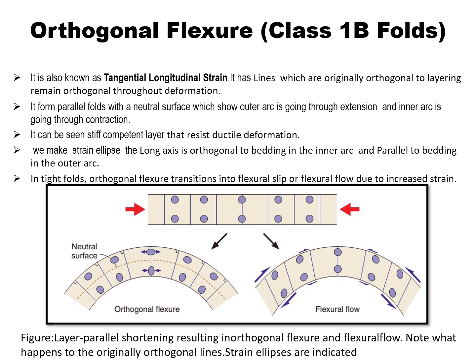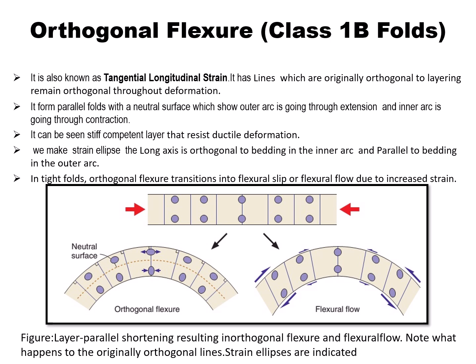It can be seen in a stiff competent layer that resists ductile deformation. In the strain ellipse, the long axis is orthogonal to bending in the inner arc and parallel to the bending in the outer arc.